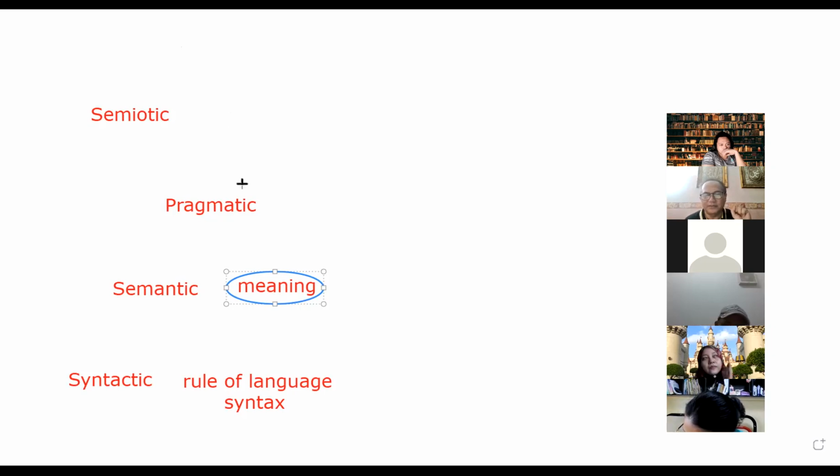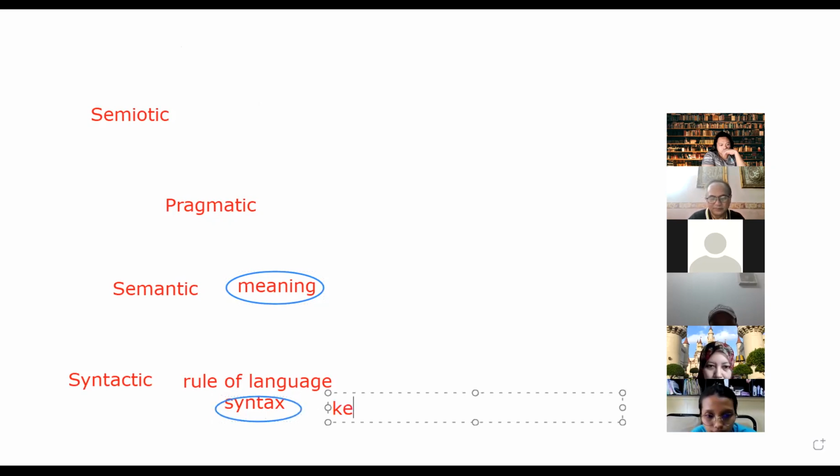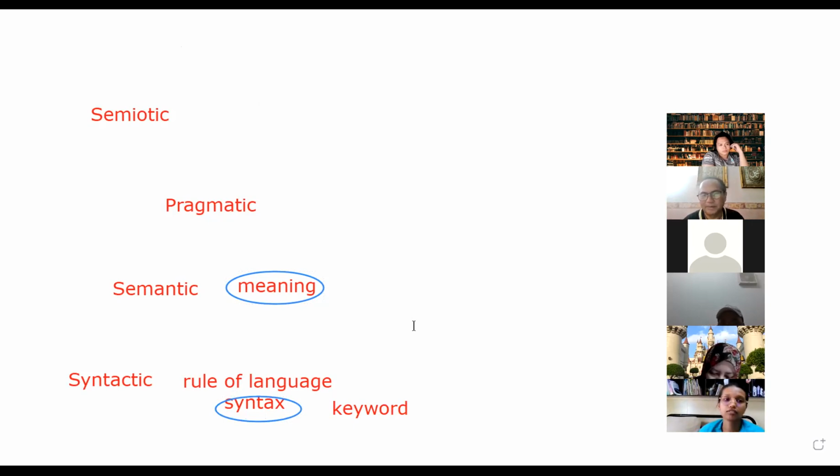Keyword search searches at the syntax level. This is keyword. Semantic search is not by the keyword, it is by the meaning. Two different words can have the same meaning. If you look into the thesaurus, not the dictionary, you can have different meanings.